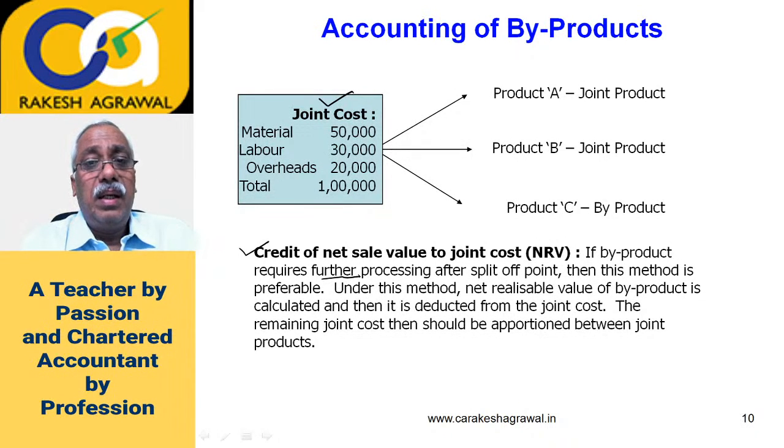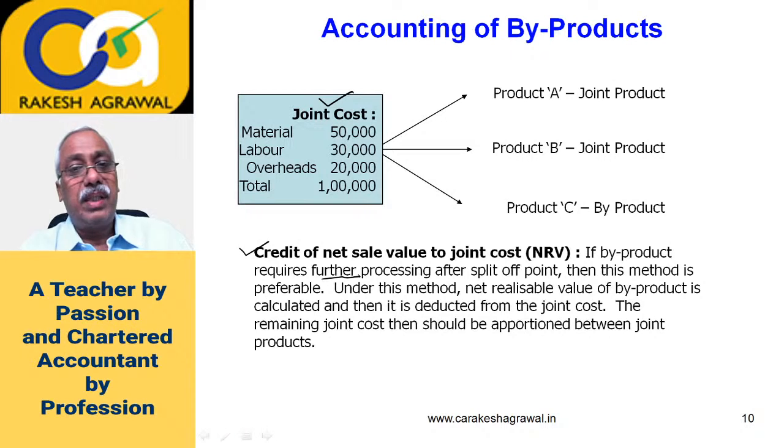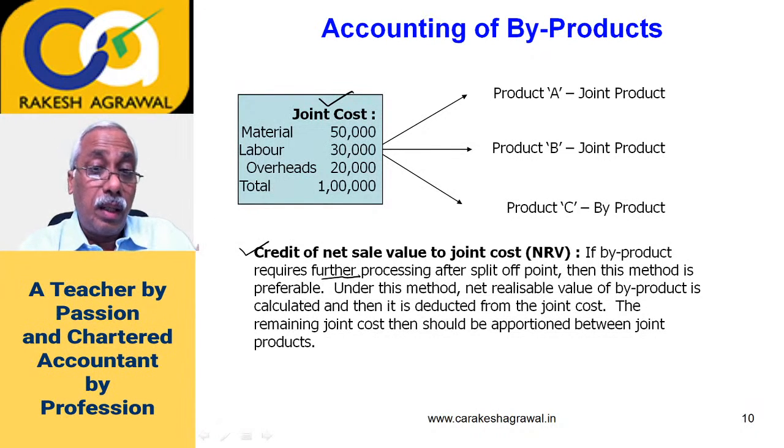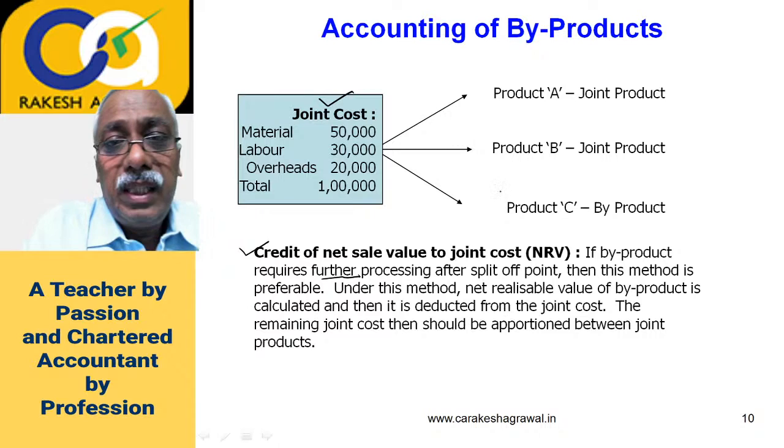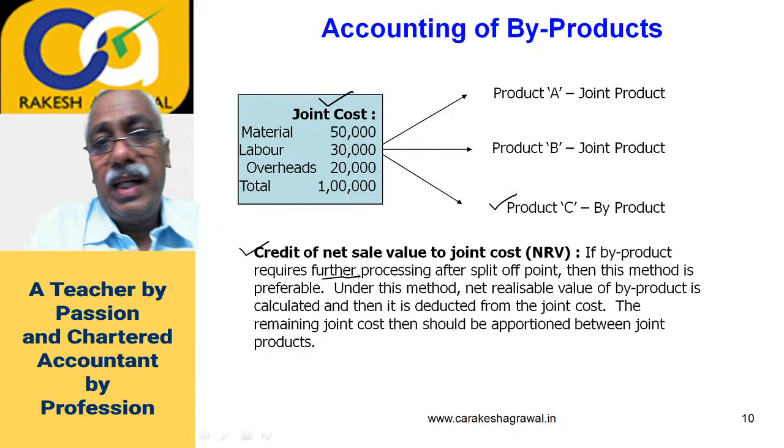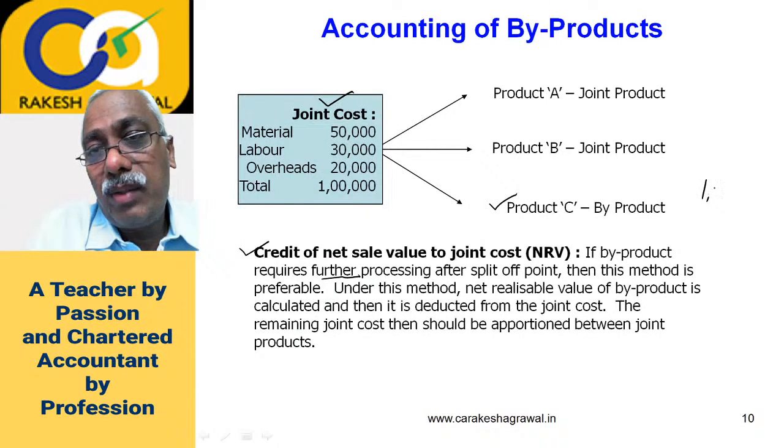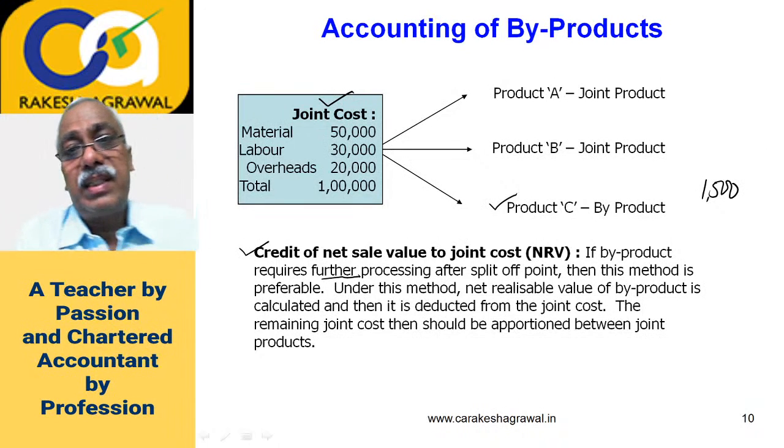Under this method, net realizable value of byproduct is calculated and then it is deducted from joint cost. Deducting from joint cost and crediting to joint cost means one and the same. The remaining joint cost then should be apportioned between joint products. So we'll take an example. This byproduct C, let us say, is sold for 1,500 rupees, which is the final sale value of this byproduct.